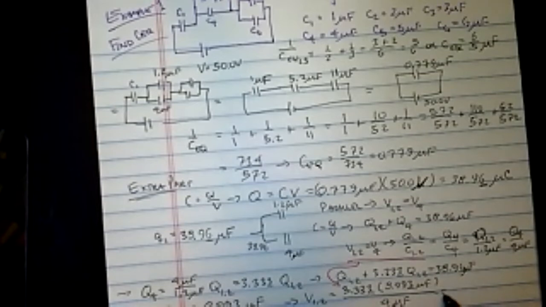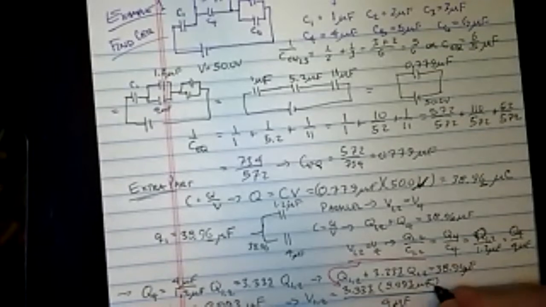Again, I'm pretending like that's 3 sig figs. So I do 3.333 times 8.993. And then I'm dividing that by, oh, this is microcoulombs, by the way, not microfarads.